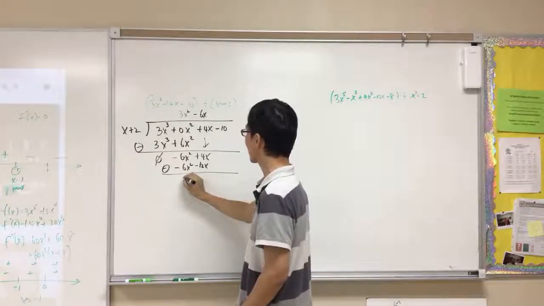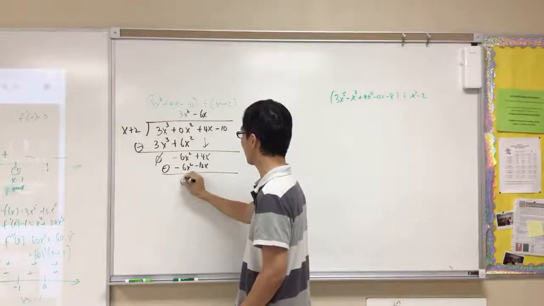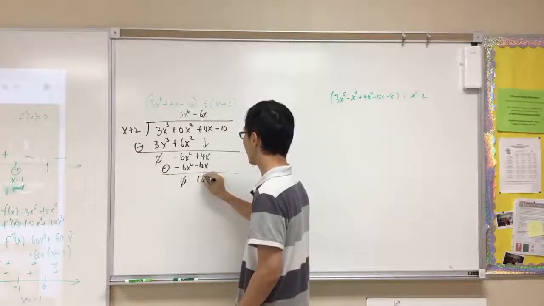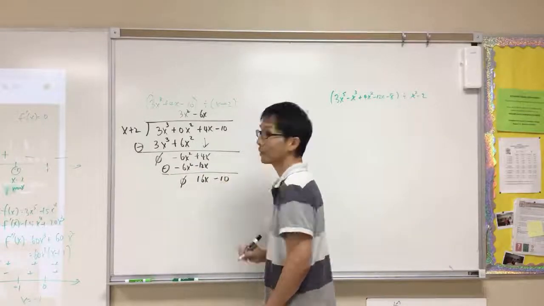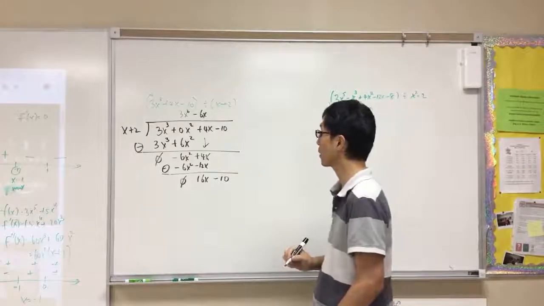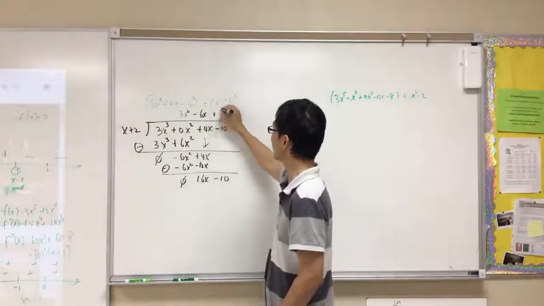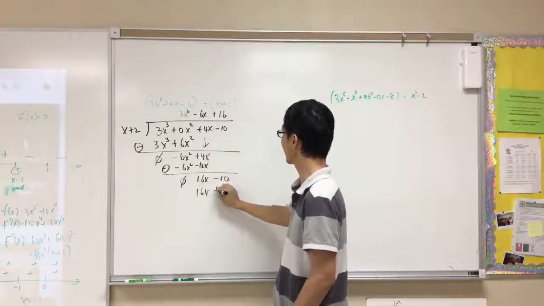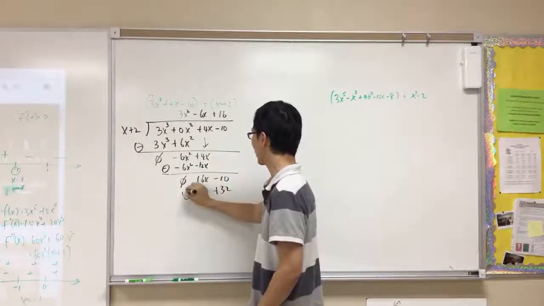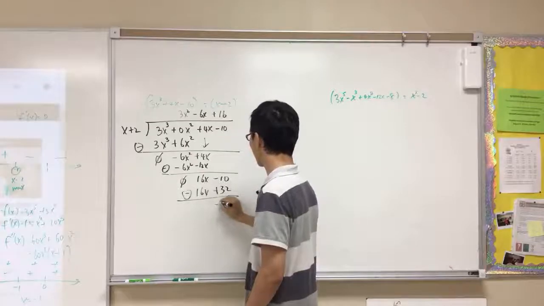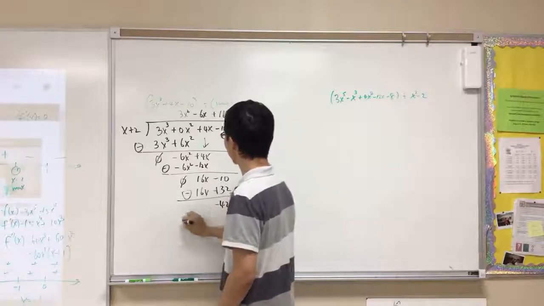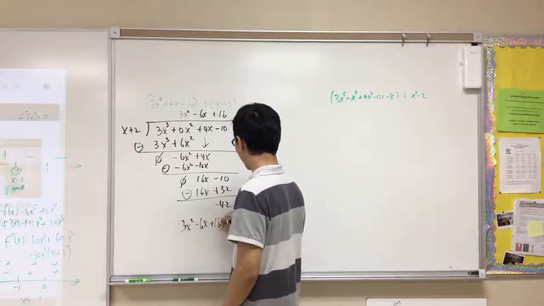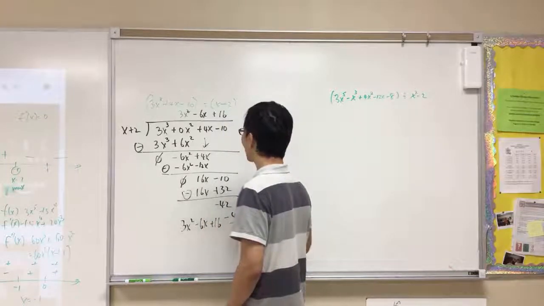So now this one's going to subtract. Now this one is going to go to 0. This one's going to be minus negative, so it's going to be 16x minus 10. And then you're going to be plus 16, this is 16x plus 32. But again, you have to go through this minus sign, so that must be minus 42. So my answer is going to be 3x squared minus 6x plus 16 minus 42 all over x plus 2.